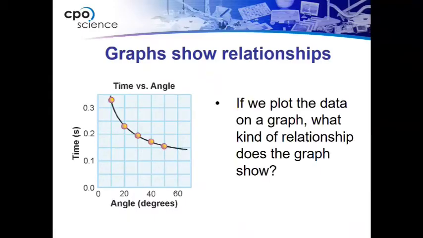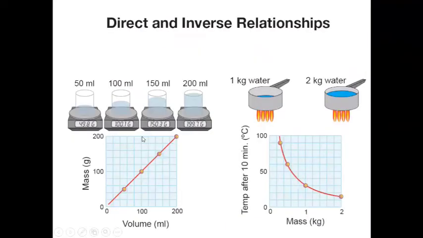We plot the data on a graph. What kind of relationship does the graph show? So yung ano po kanina, ito po yung sa car. So strong relationship, as we plotted the data of the car moving. So we have strong relationship.